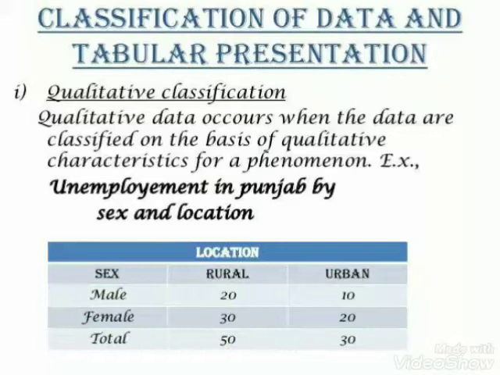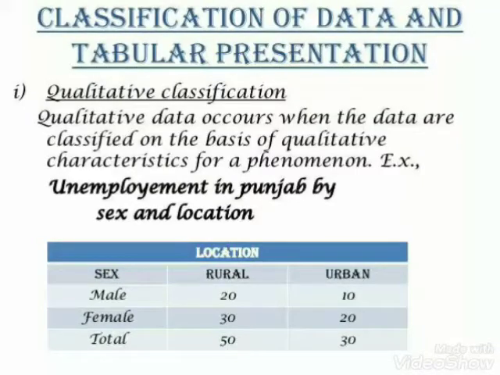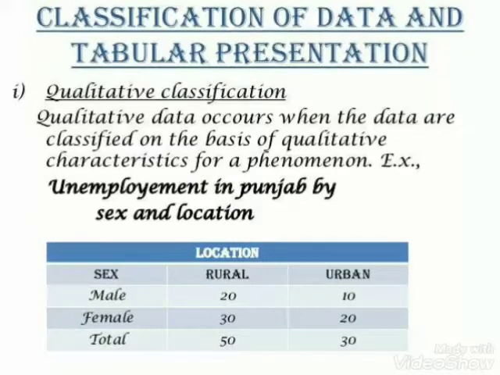So, beginning with the first one, that is qualitative classification of data and tabular presentation. Well children, when we talk about qualitative classification, it occurs when data are classified on the basis of qualitative attributes or qualitative characteristics of a phenomenon.